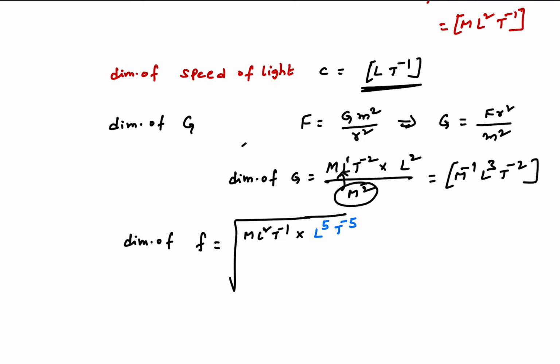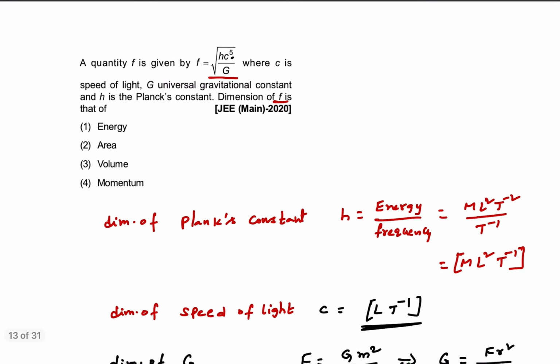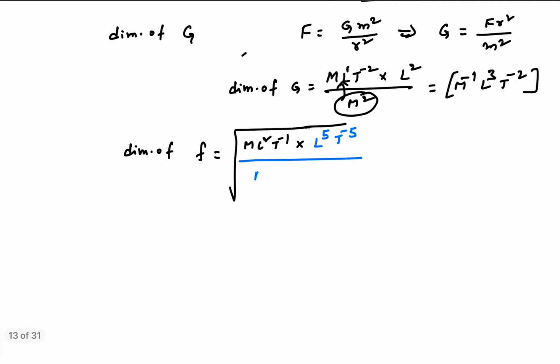We can write it as L to the power of 5 T to the power of minus 5, whole divided by g. G value I am writing M power minus 1, L power 3, T power minus 2. Just observe this.